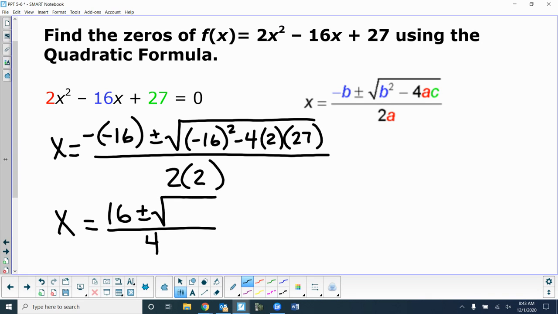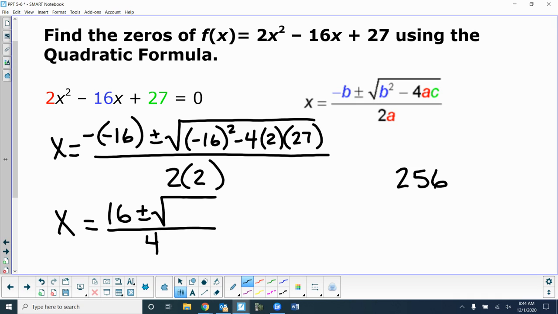When you put this in your calculator, do not hit the square root button. Just put the negative 16 squared minus 4 times 2 times 27, right? Because if you put that square root in there, you're not going to be able to put it in simplest radical form like you're supposed to. So do not put the square root symbol in your calculator, okay? So negative 16 squared, what is that, 256?